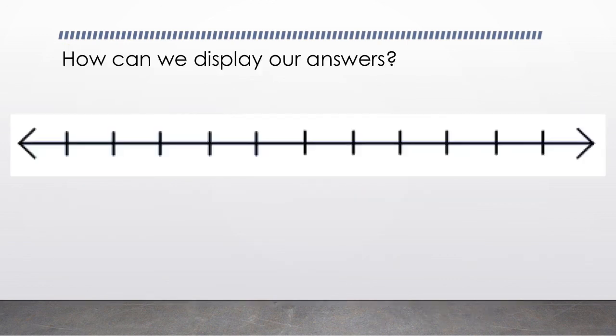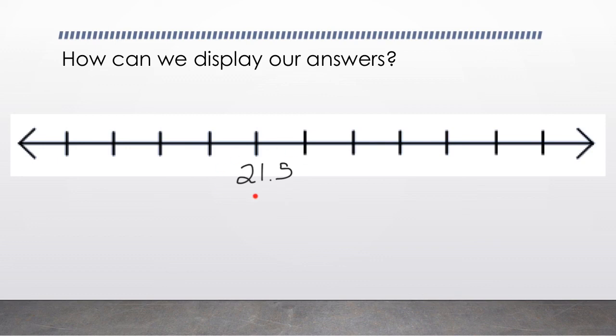Well, we display our answers to inequalities on number lines. So you notice I have a blank number line here. It's just blank. Well, my answer was 21.5. So what I'm going to do is on this number line, I'm going to label one of these 21.5. Okay, it does not matter where I put this really. I can put it anywhere, but every increment must be the same amount.